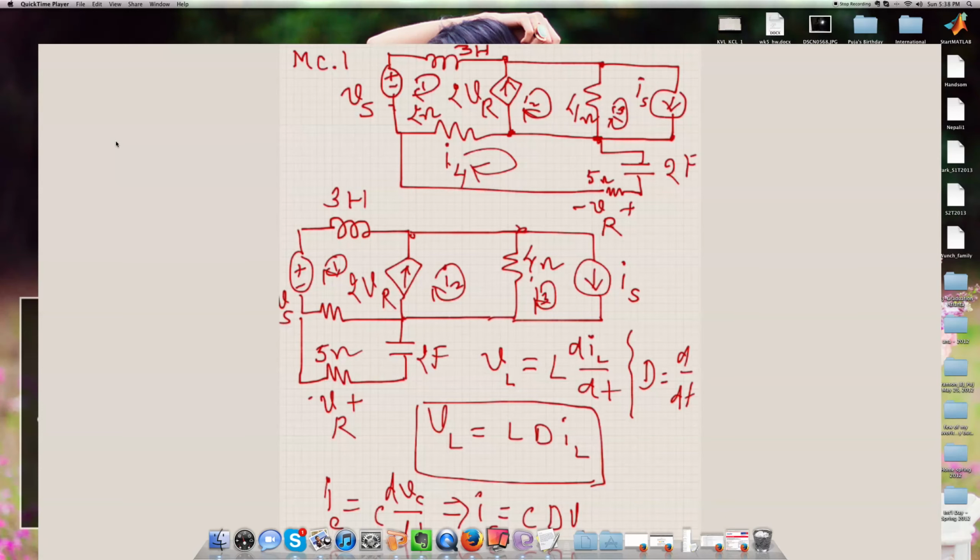Or conversely, we can express VC as 1 over C D inverse IC. So this is another way to get the voltage across the capacitor. We would be using this kind of representation quite a bit.